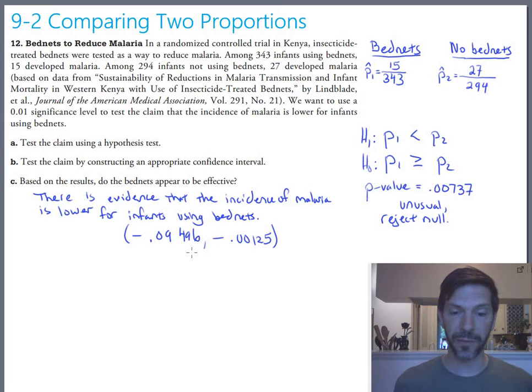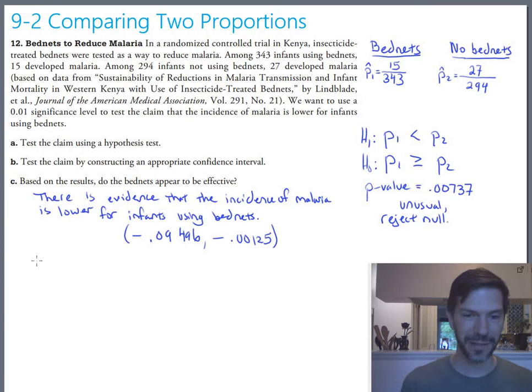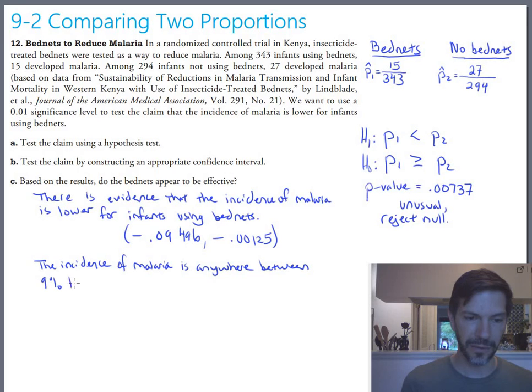Notice while there is a range of possibilities, the result is definitely negative. That means group 1 is definitely less than group 2. If you want to be a little more specific, you can say the incidence of malaria is anywhere between 9% lower, and again the lower is because of the negative.